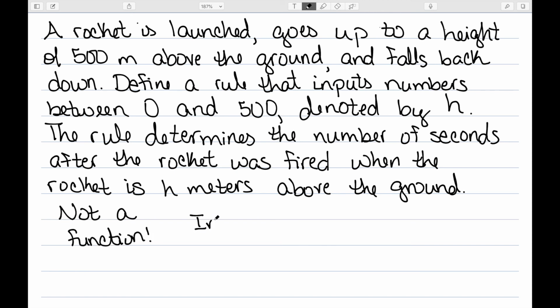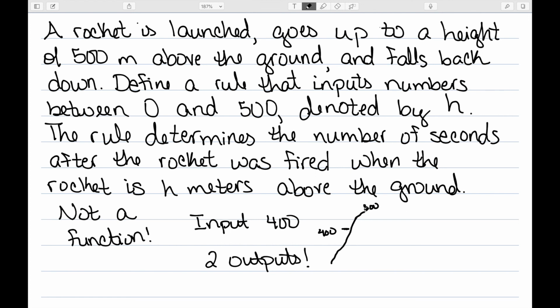Let's say we input 400. Well, then we have two possible outputs. So our rocket is going to go up, and eventually it hits a height of 400, especially since the actual maximum height is 500.